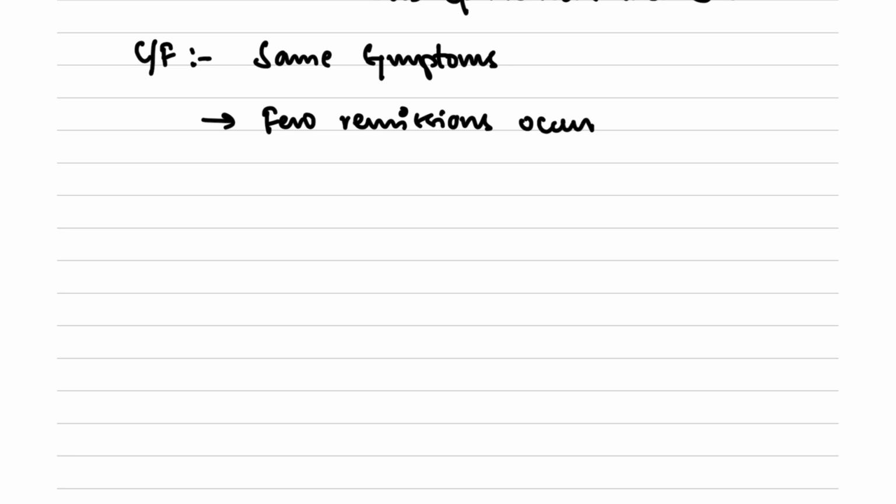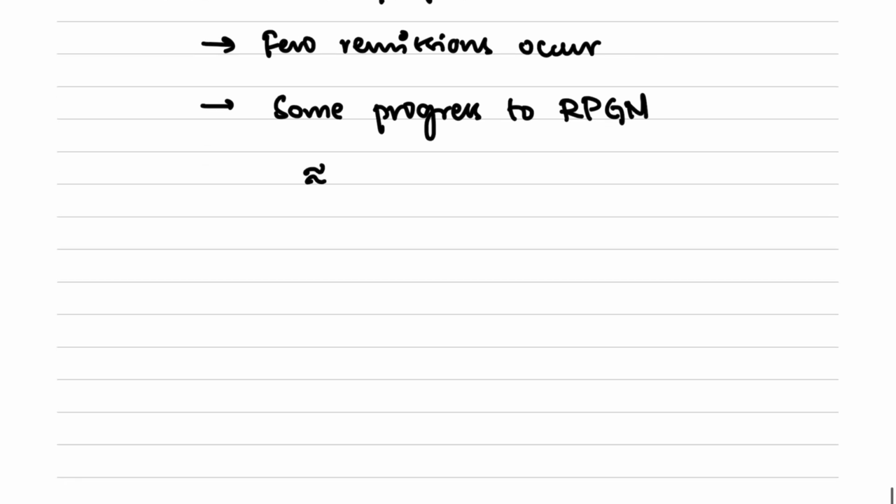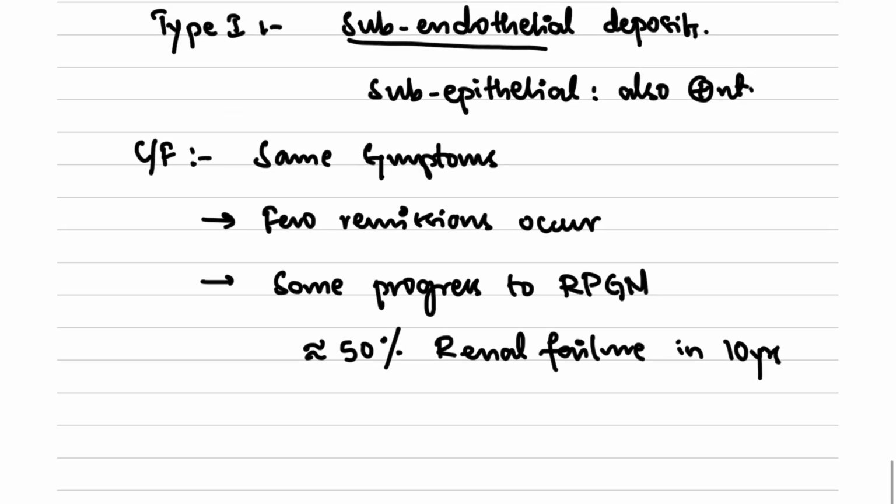Some progress to RPGN, that is rapidly progressive glomerulonephritis, and eventually 50% of the patients will progress towards renal failure in 10 years. This is the ultimate outcome of people suffering from MPGN.